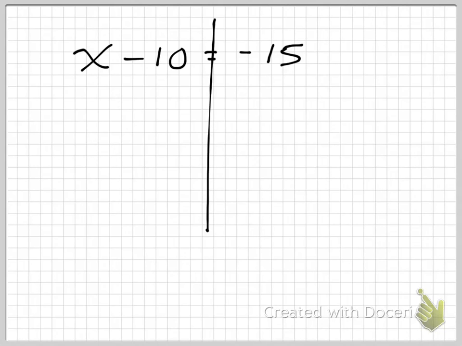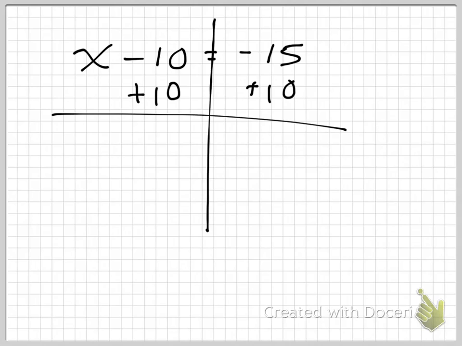How do I get rid of that negative 10? What is the opposite of negative 10? Add 10. Minus 10 plus 10, what do I do with those guys? They cancel each other out. They're gone.